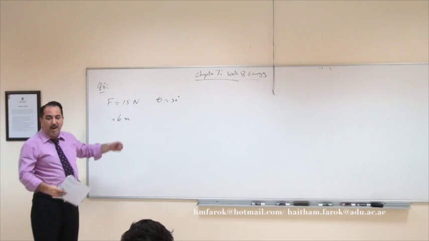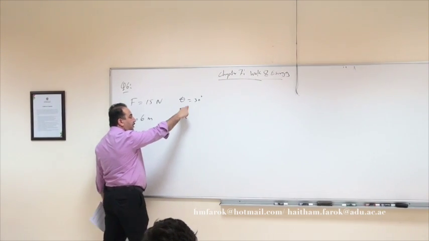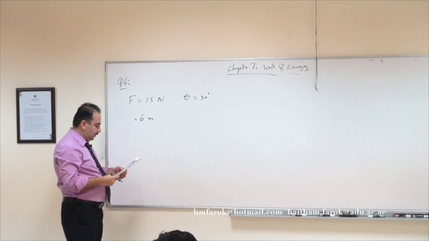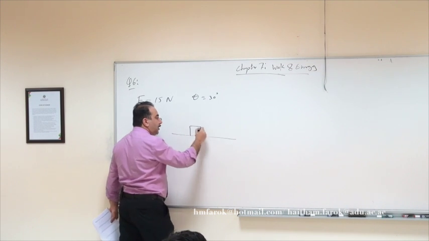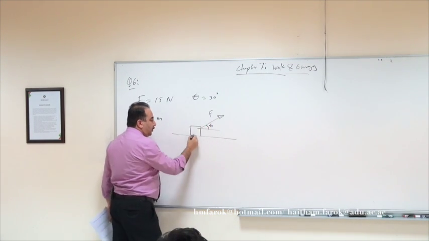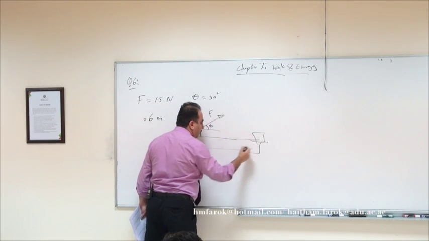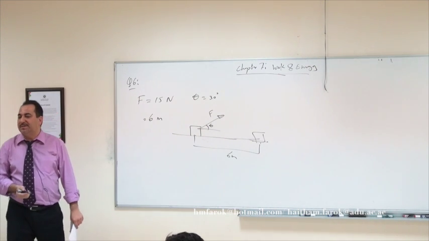You have a force applied on an object and the force at 30 degrees and moves it 6 meters along a horizontal surface. So if this is the object, maybe this is the force F, angle theta, moves it from here to there, 6 meters. The question is, how much work is done by this force?